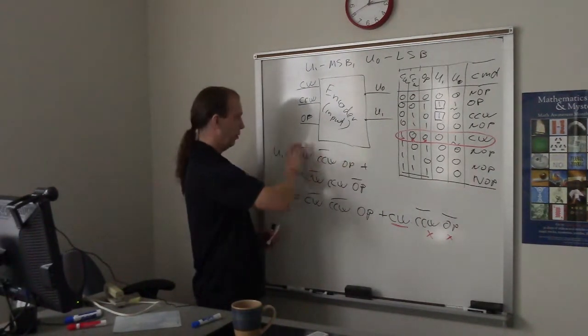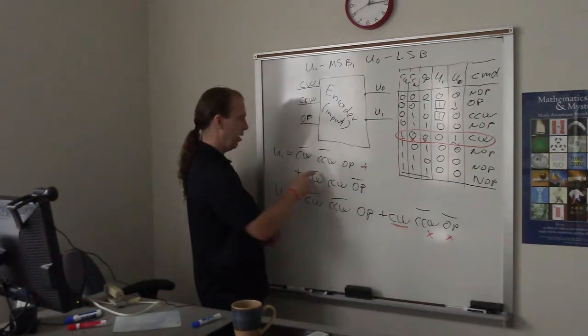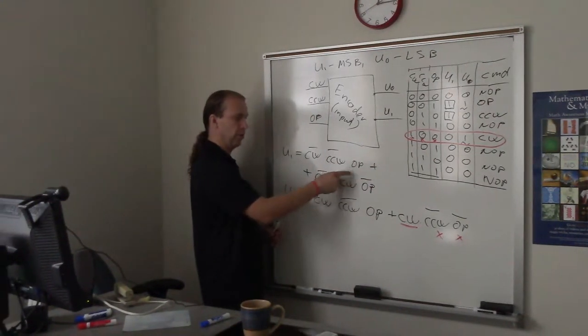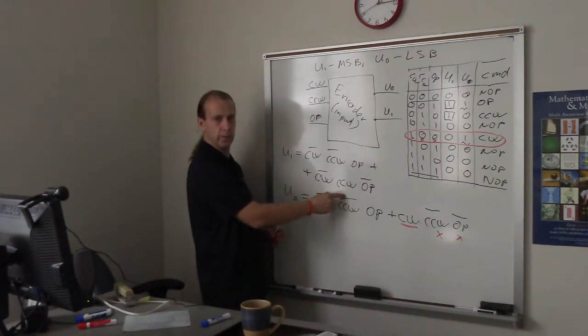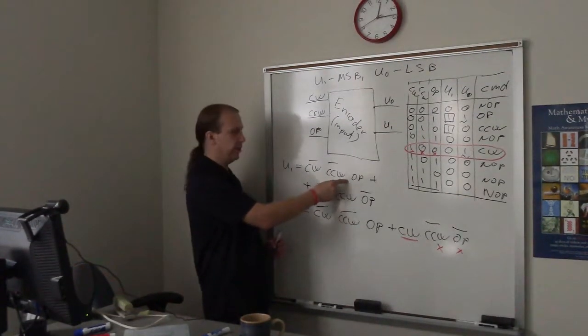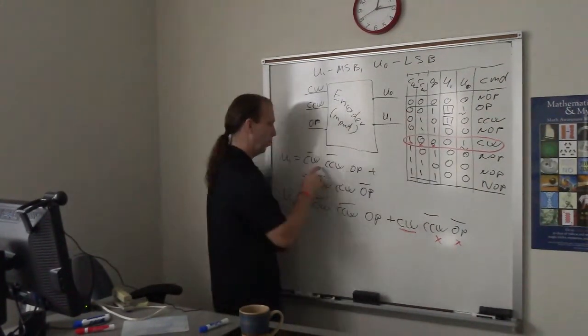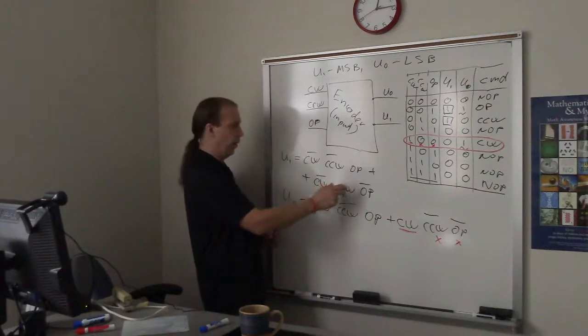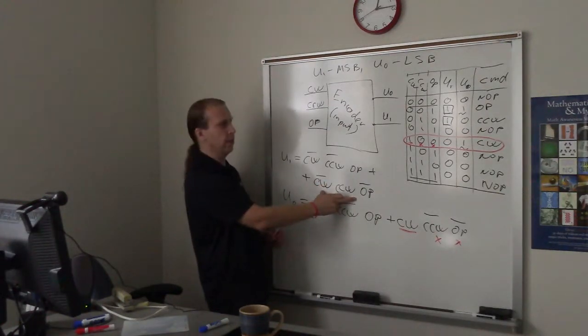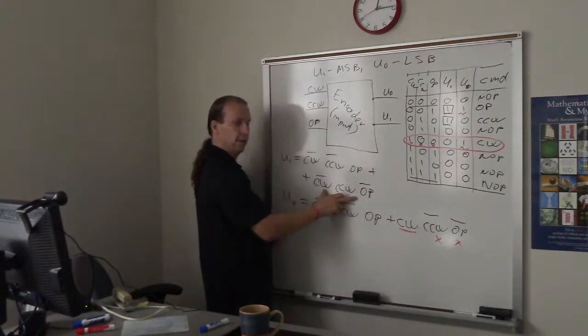The entire equation, say for U1, will be equal to 1 only if either of these two equals 1 or both equal 1. This particular term will be equal to 1 with the combination 0, 0, 1. When this term will be equal to 1, it's this combination: 0, 1, 0.